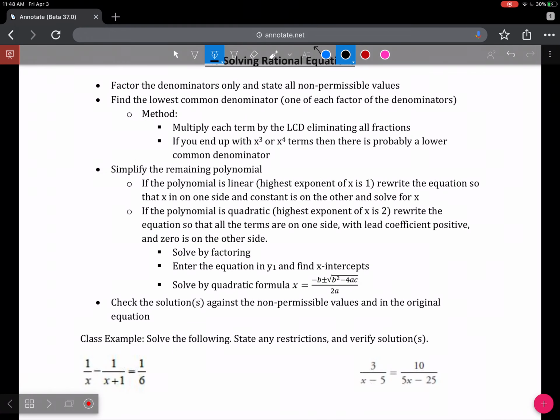Alright, so like in the previous videos and lessons, the number one strategy is to factor the denominators. You don't have to worry about factoring the numerators at first.